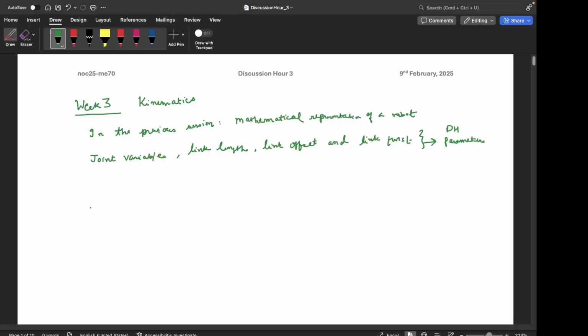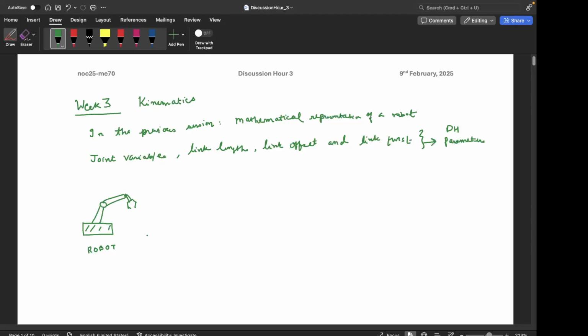So if I quickly draw a flow chart of what we have seen till now and what will be covered, it would be something like this. I'm just drawing a representative diagram. So this is the robot, any robot, just a representation, right?